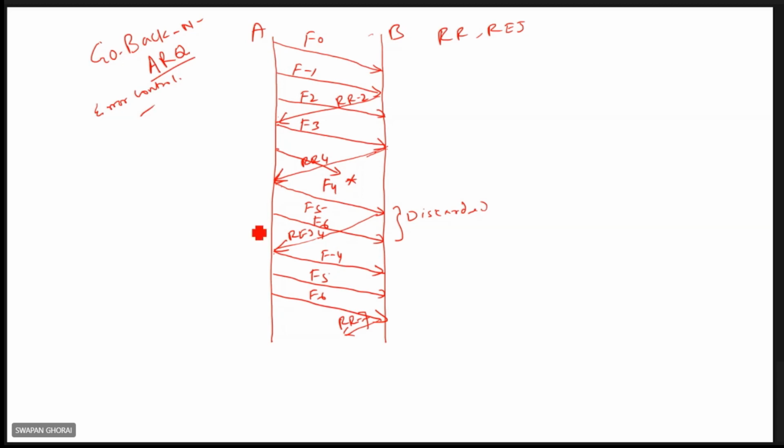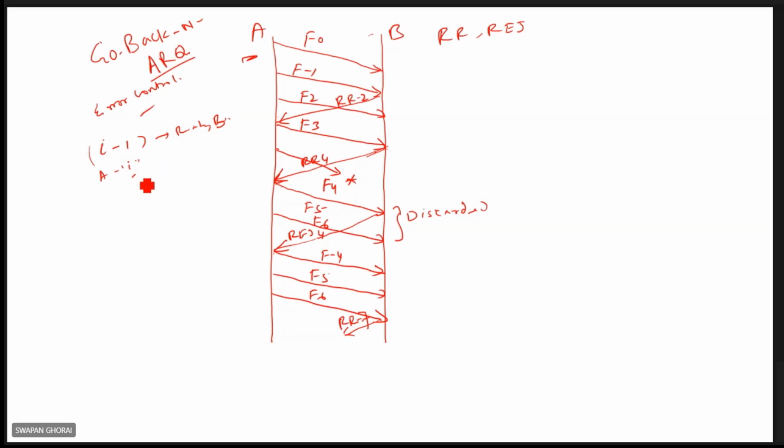I told you last time, suppose A is sending frames 1, 2, 3, etc. Say frames up to i-1 are transmitted and successfully received by B. Next A transmits the ith frame. Now if that frame is damaged, what will happen?